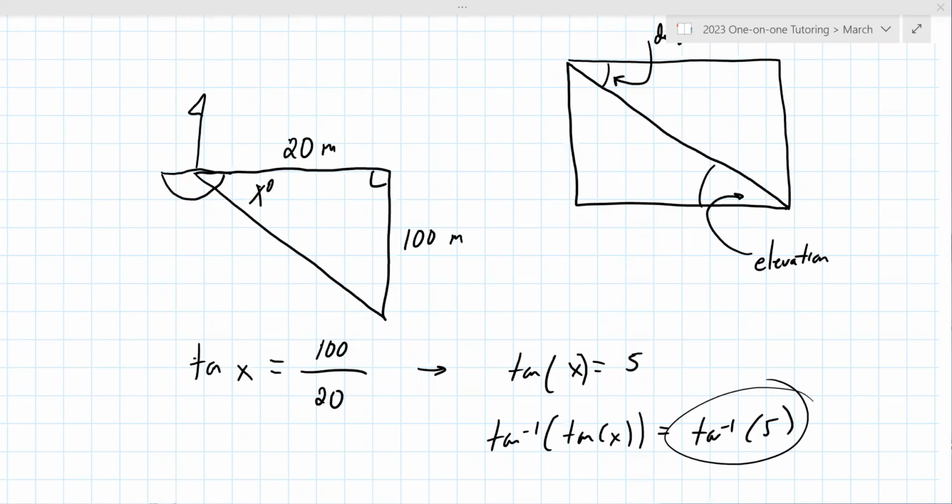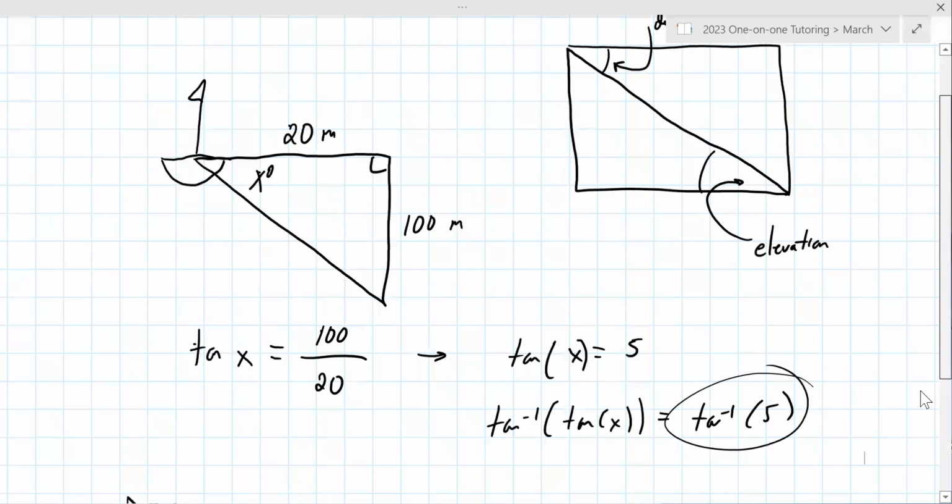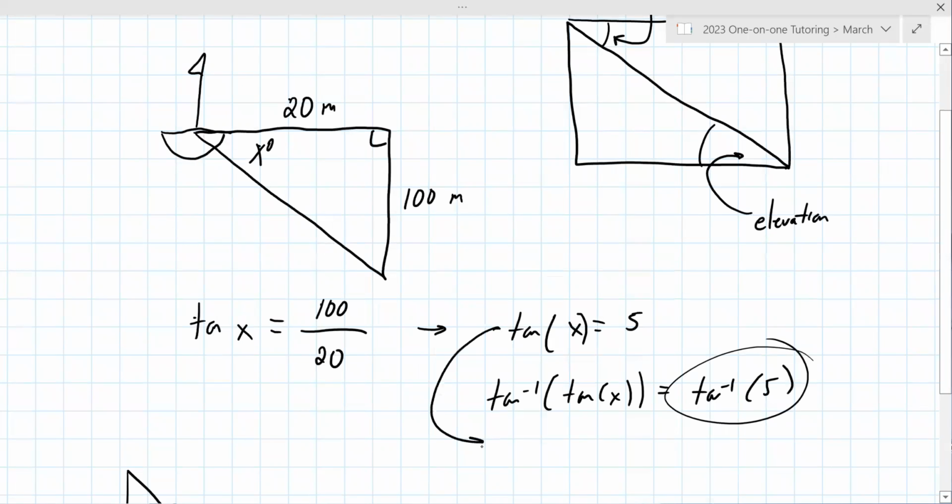So I know it's like tan -1, and then parentheses, tan, and then just x. No, of 5. Oh, so I'm inserting 5 right there. Yes. And then my answer is just 5. No. There's a big disconnect here. What you're putting in your calculator is the tangent inverse of 5. X equals the tangent inverse of 5.